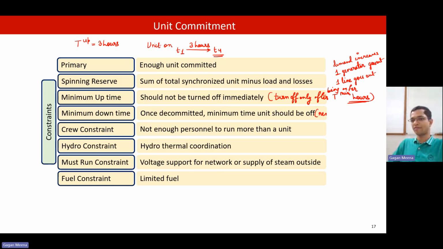for the minimum downtime. It should remain off for that much time, because if a unit is off, then to start generation again, it needs time to bring its temperature back to that level.